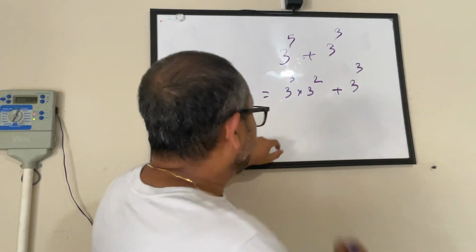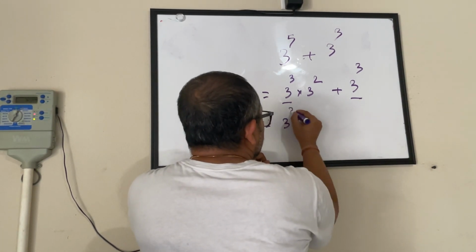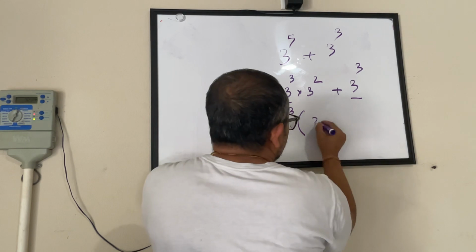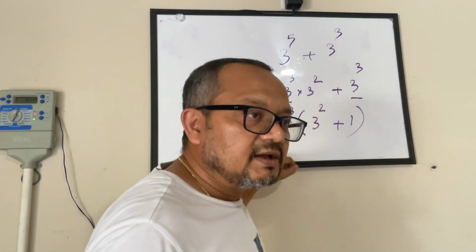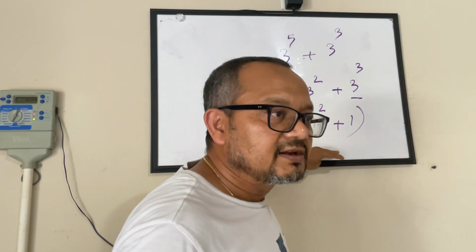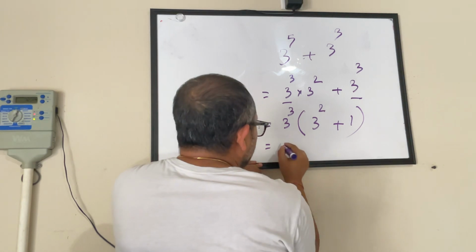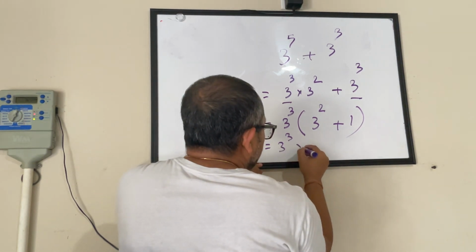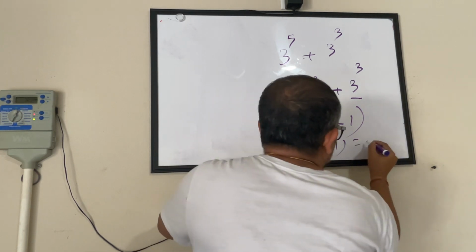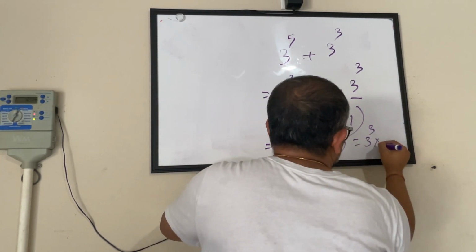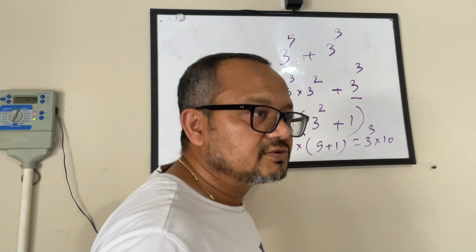Now I can take this part common. So this becomes 3 cubed common, times 3 squared plus 1. So far this is okay? Now this becomes 3 cubed into 9 plus 1, which is 3 cubed into 10. That is what you will do.